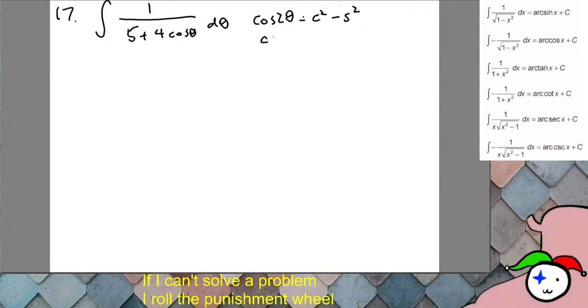So cos theta is cos theta over 2 minus sine theta over 2 squared.